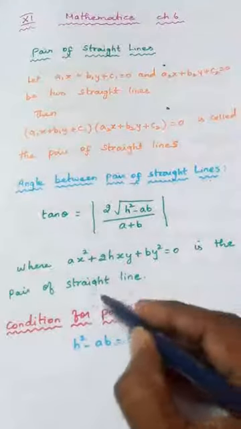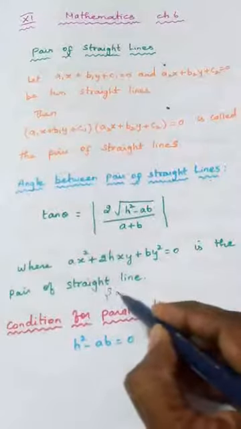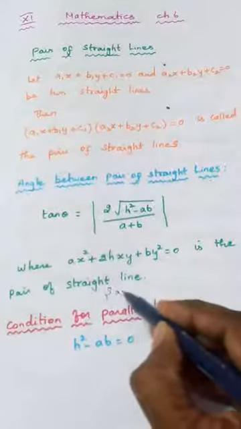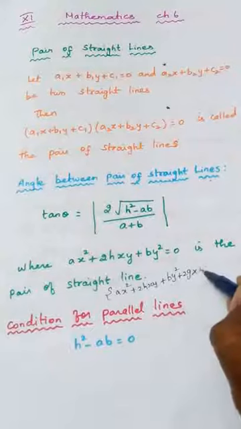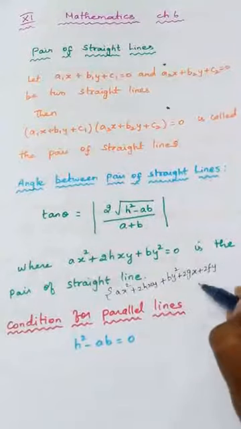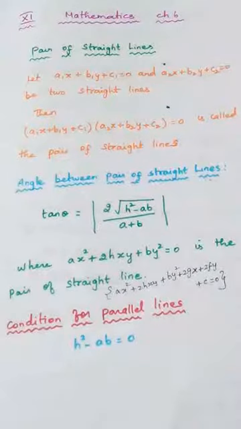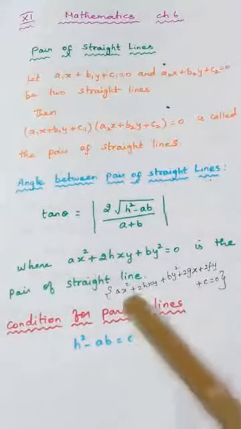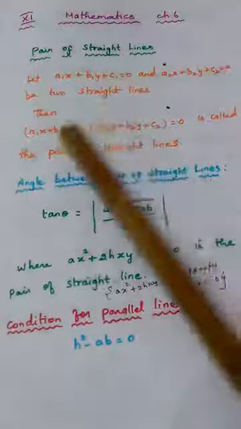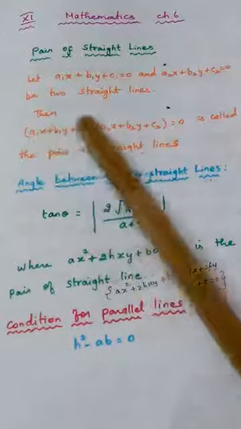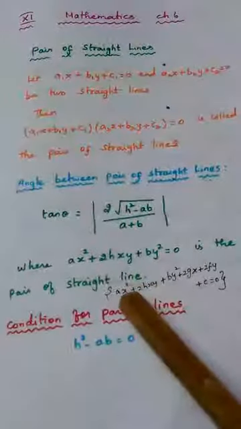we will have second degree equation of this format: ax square plus 2hxy plus by square plus 2gx plus 2fy plus c equal to 0. So we will clearly get this type of equation when we multiply these two brackets, because x into x, x square term we will be having.